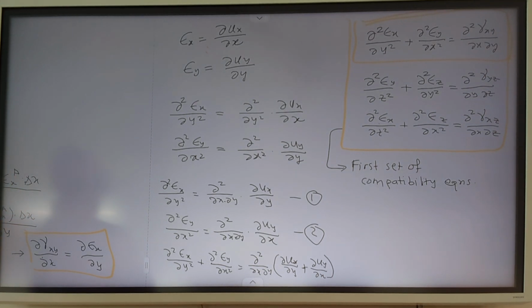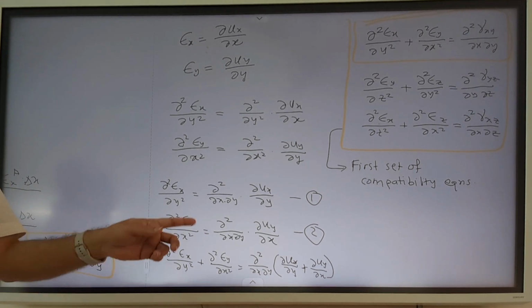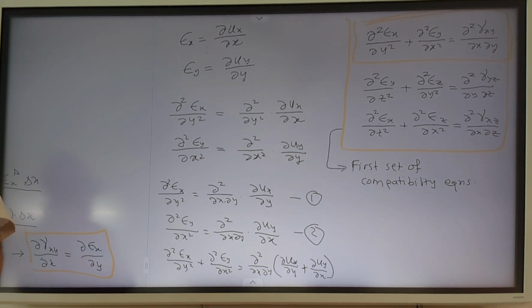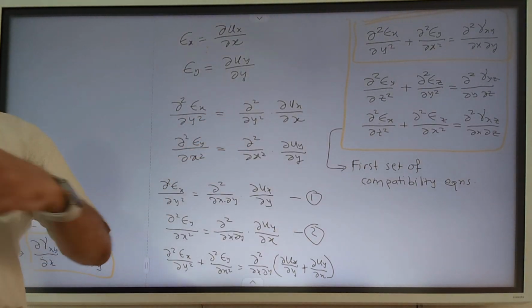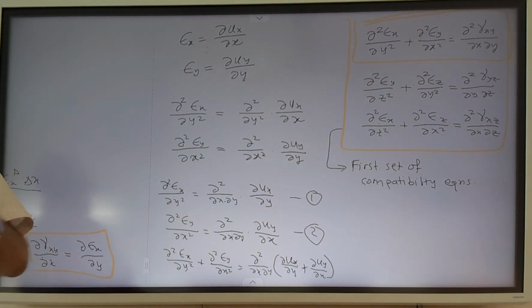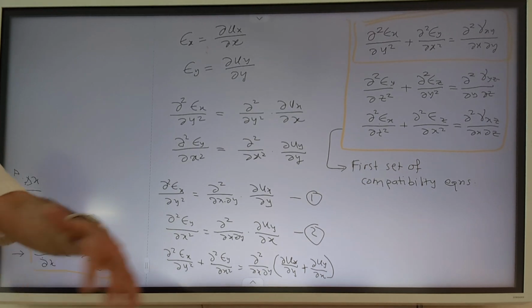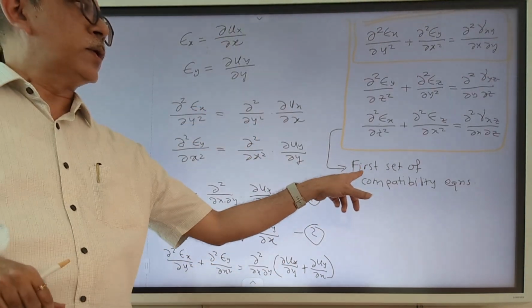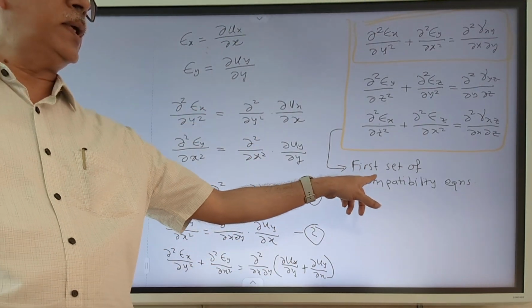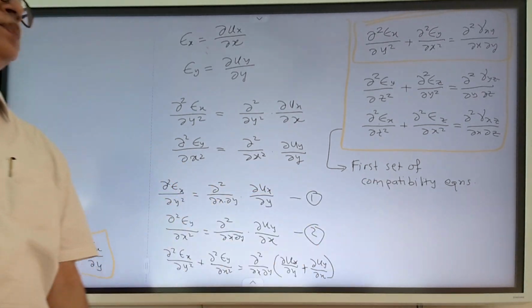Till the crack it will deform, and suddenly at the crack you will get a jump in the displacement. Unless that situation arrives, all the displacement and hence all the strains must follow a certain pattern in order to obtain a continuous displacement field. So this is the first set of compatibility equations.